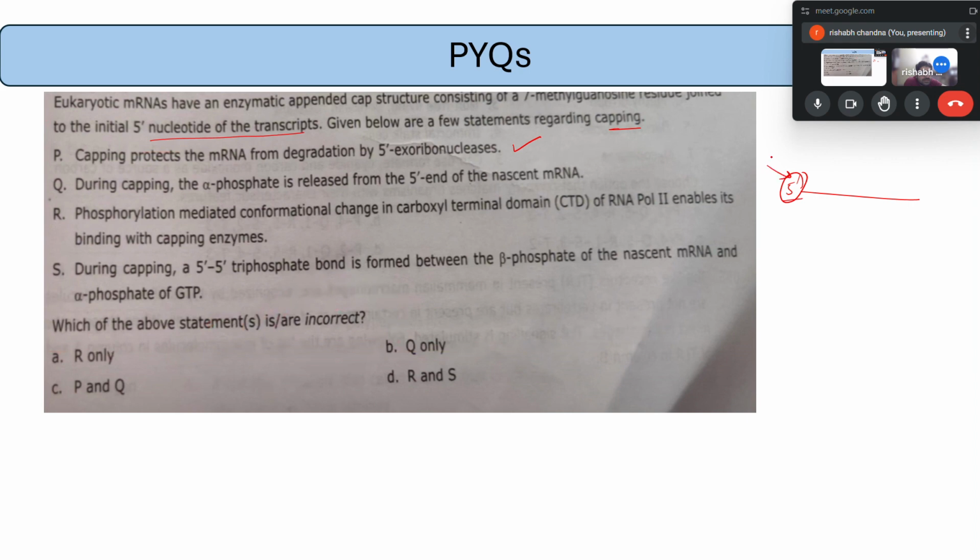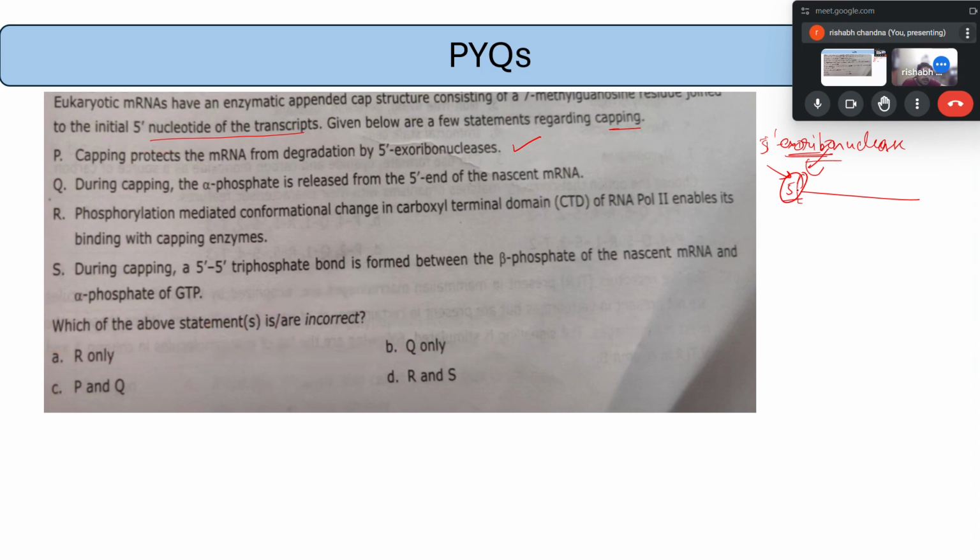The 5' exoribonuclease cannot attack this, it is inhibited, so the mRNA is protected from its action.